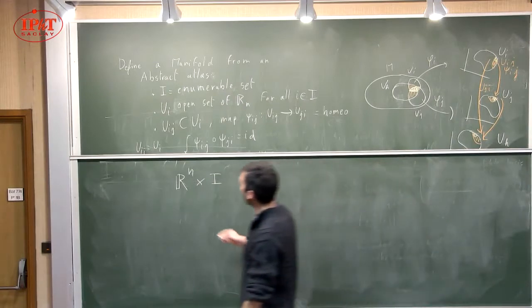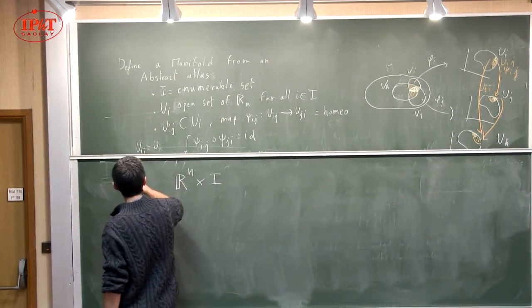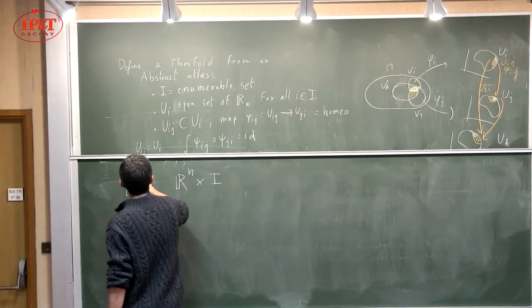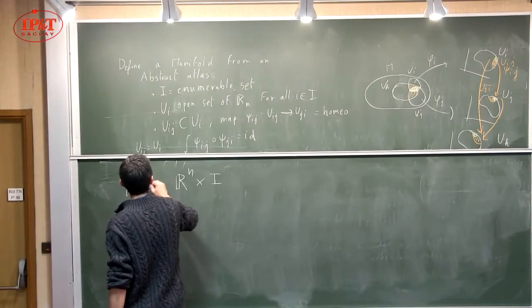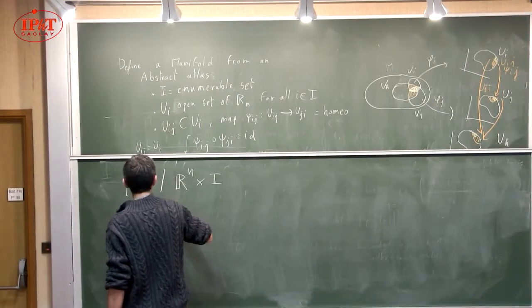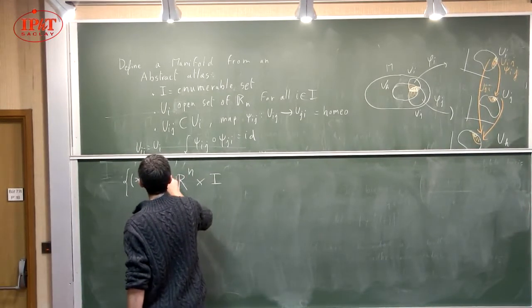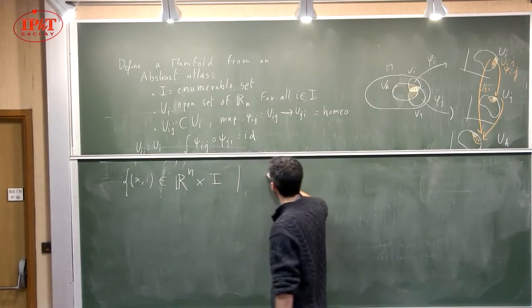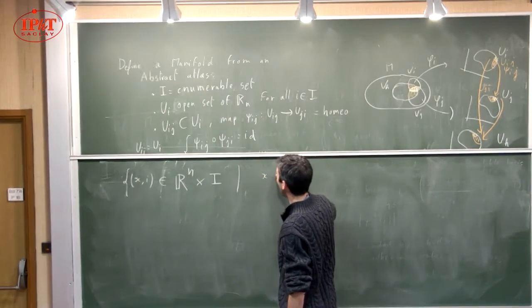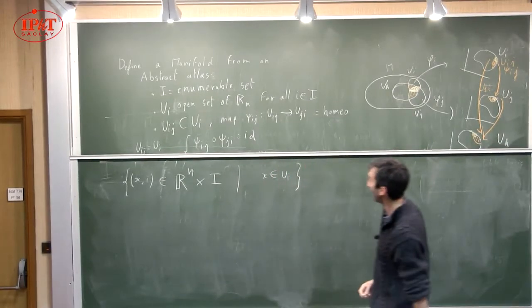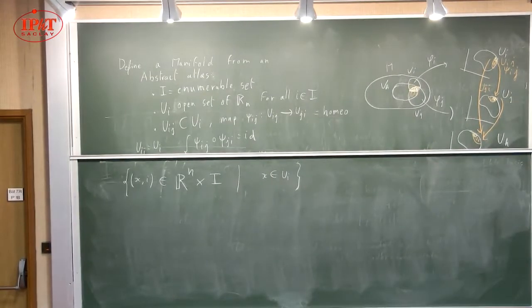We take the space of pairs (x, i) such that x belongs to Ui. So it's a subset of Rn cross I.